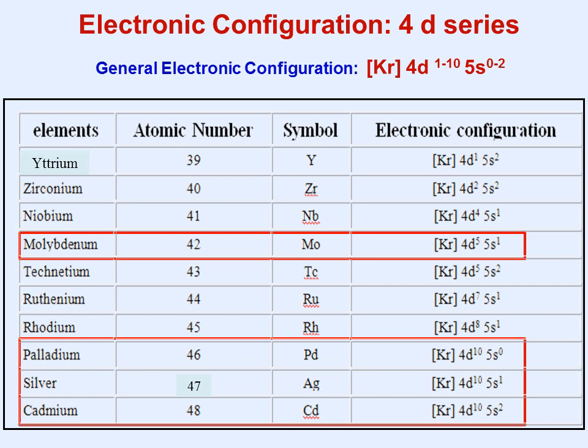In this series, the electrons are successively added in the penultimate 4d subshell. Here, molybdenum, like chromium, shows irregularity in the normal trend of electronic configuration. That is, it has 4d5 5s1 electronic configuration. This occurs to attain the extra stable electronic configuration.